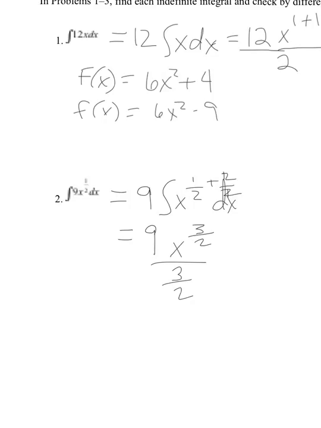So what am I going to need to do to clean this thing up? Dividing by a fraction is the same as what? Multiplying by the reciprocal. There you go. So if I'm trying to divide by 3 over 2, isn't that the same as multiplying by 2 over 3?